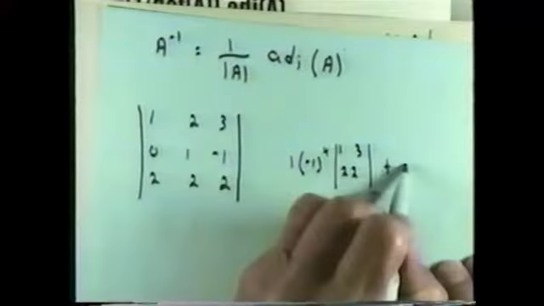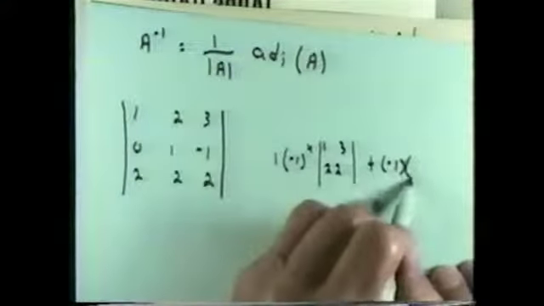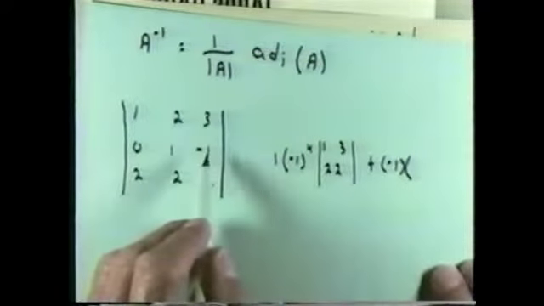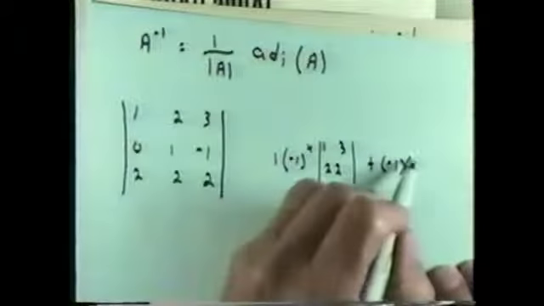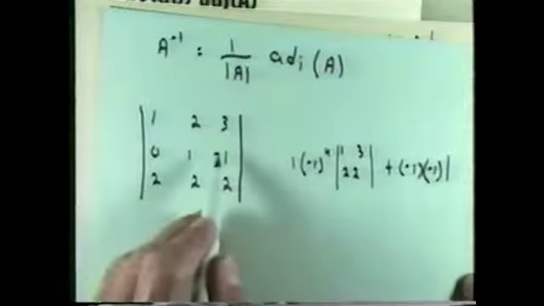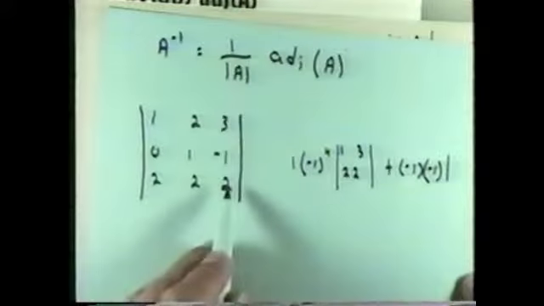Plus a negative 1 times its cofactor. Now that's going to be a negative 1 to the odd power, being 3 plus 2, so it's going to be a negative 1, times the determinant with row 2, column 3 gone. So that's 1, 2, 2, 2.